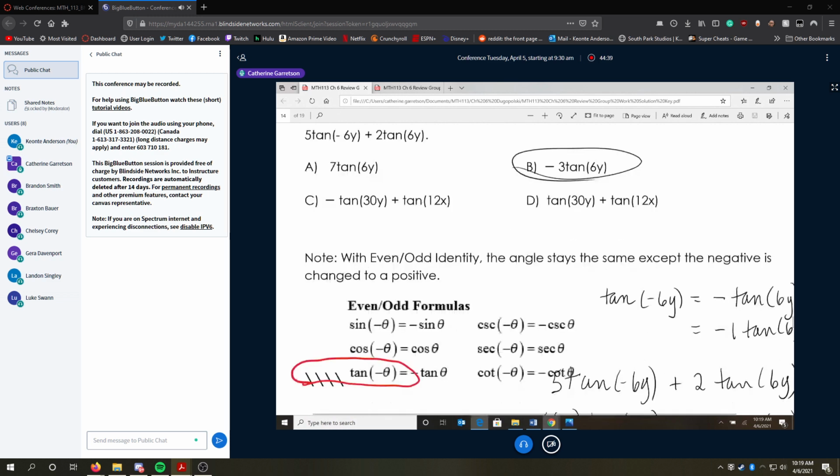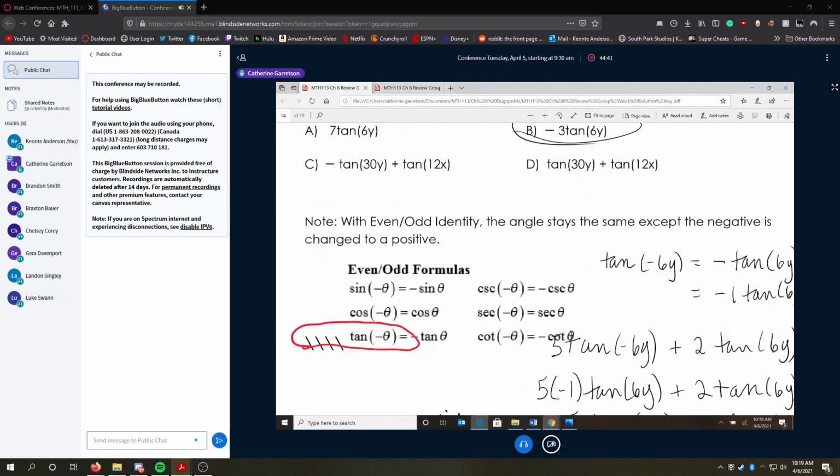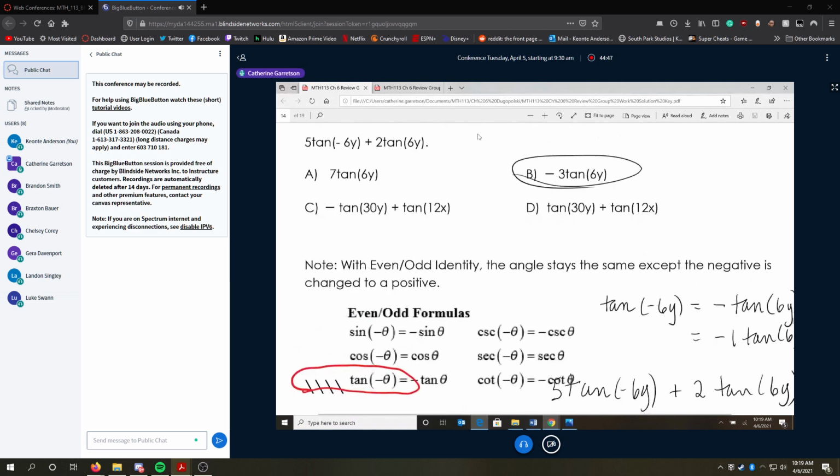It depends upon which one you're talking about. So this one is a tangent. So the tangent is an odd function. So to rewrite it, I'm going to have to multiply the front by a -1. So the 5 should become a -5. But that's not one of my answer choices.